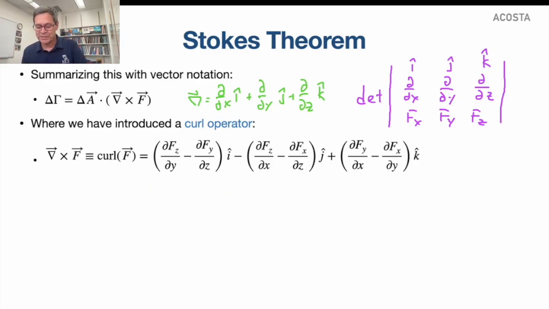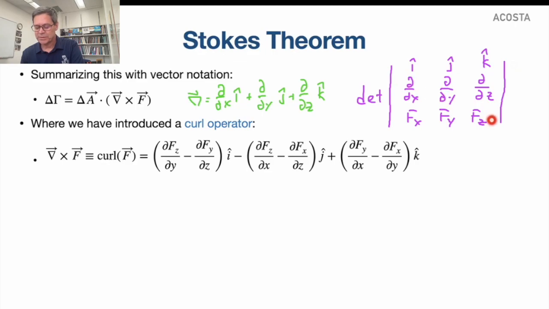The determinant works like this: for the first row, the i hat direction, I block off the first column and top row, and then it's d/dy of f_z minus d/dz of f_y. That's exactly what I have there. For the middle part, the j hat, I block off the center column in the top row.